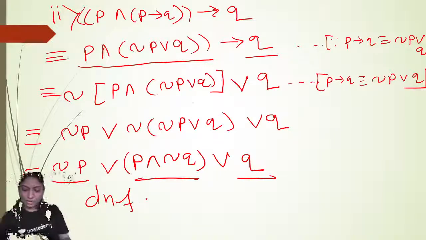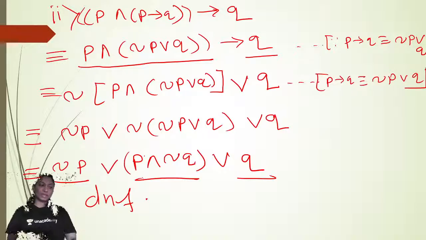I hope you are getting it clear how to write down the DNF and CNF for the given statement. Okay, now this is without using truth table. These normal forms we have found without using a truth table. Now we'll see how to find the normal forms with the help of a truth table.